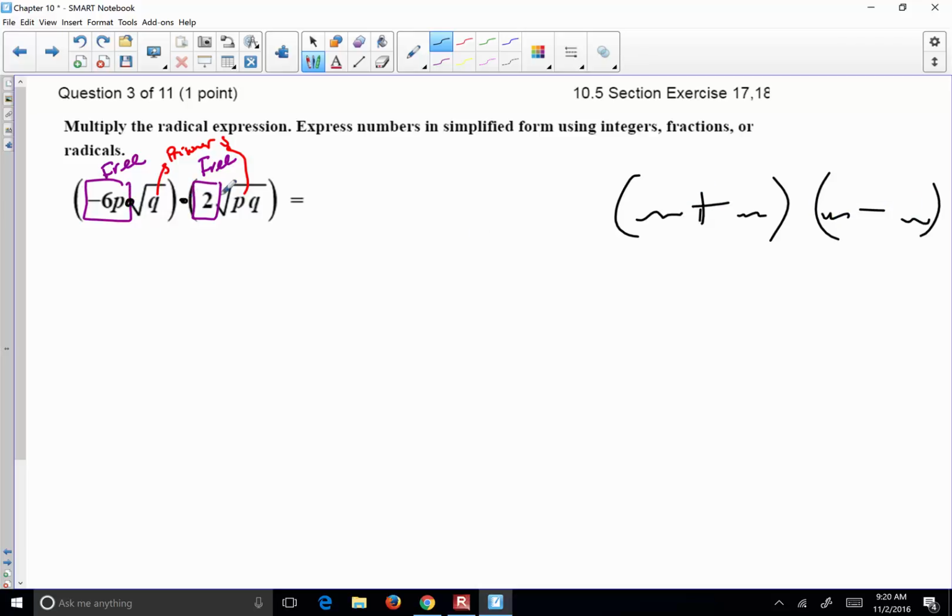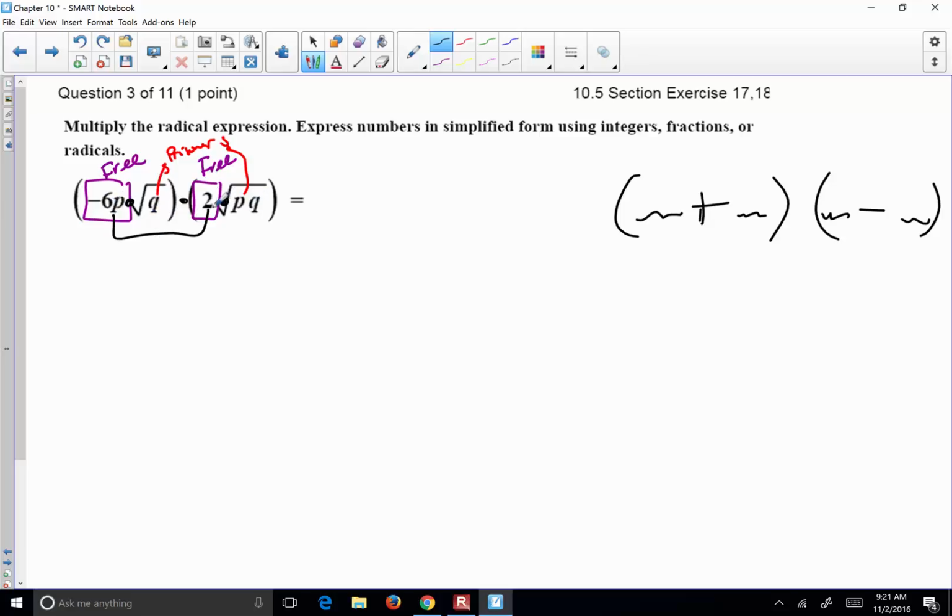Everything here is multiplied. So there are 4 items multiplying. Free guy 1 times prison times another free times prison. Everything multiplied, no plus or minuses, no foiling required. Easier than foiling. All you need to do is combine free guys among each other, multiply free guys with free guys, and prisoners with prisoners.